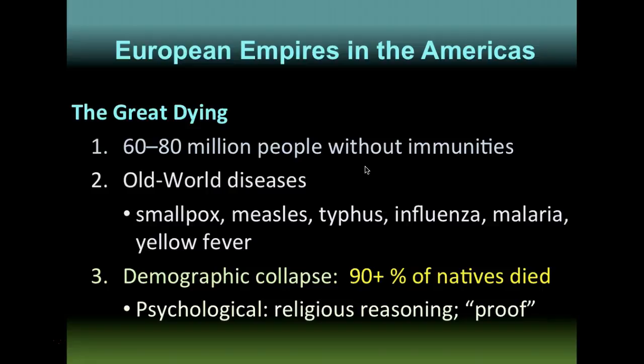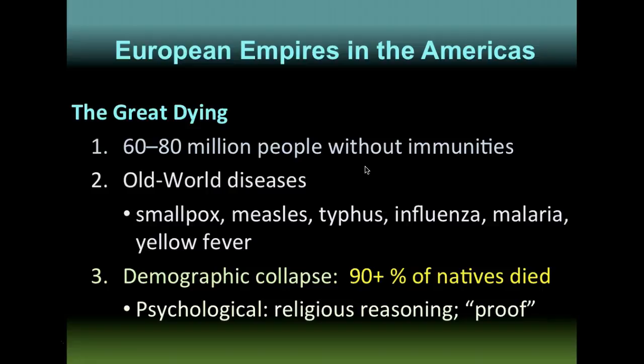And these people do not have immunities. They are not immune to the diseases that come in from the quote-unquote old world. The old world is Europe and Africa and Asia, and that is also known as the Eastern Hemisphere. The New World, or the Western Hemisphere, includes North and South America.